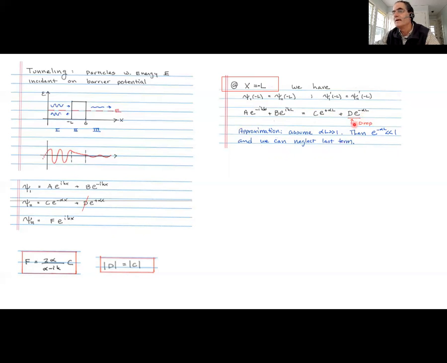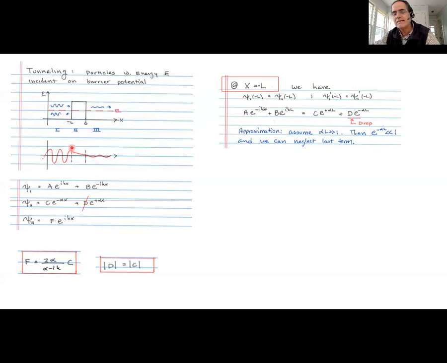Okay? Now, we're going to make an approximation. So far, we haven't made any approximations, but now we're going to make one. Let's assume that alpha L is much greater than 1. From a practical point of view, it means that the wave function decays a lot from the left-hand side to the right-hand side. Okay? Now, that's not always the case. I suppose if the barrier were very, very thin, we wouldn't be able to do that.